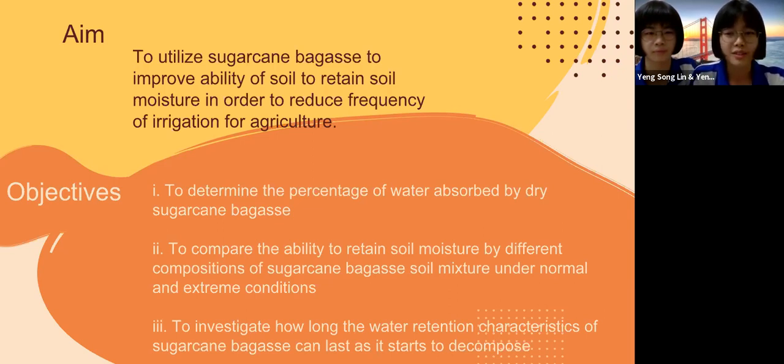Next, we want to know how well can different percentage of sugarcane bagasse soil mixture maintain the soil moisture under normal and extreme conditions. Finally, we want to know how long will the water retention characteristic of sugarcane bagasse last as it starts to decompose.